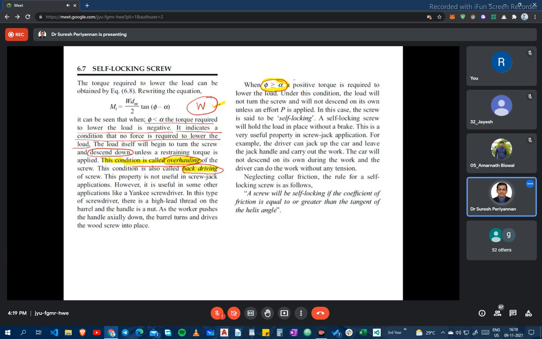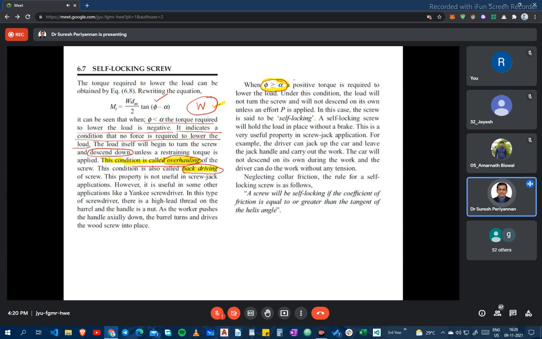If the negative torque is created, then due to the weight W, the screw gets turned and the weight comes down. That is called overhauling. We don't like that effect. Hence, we should follow phi greater than or equal to alpha. Hence, the positive torque is required.